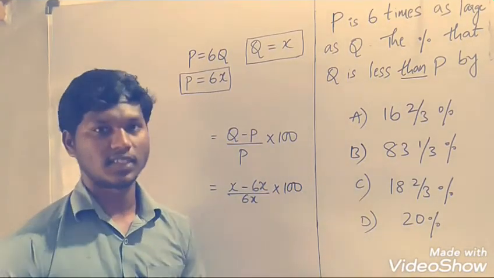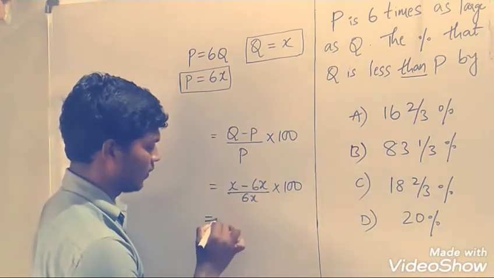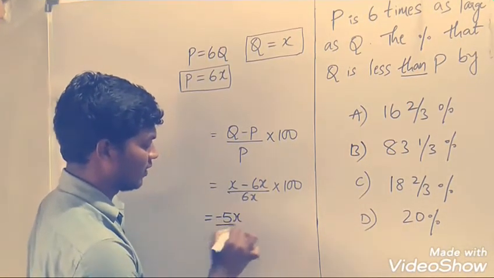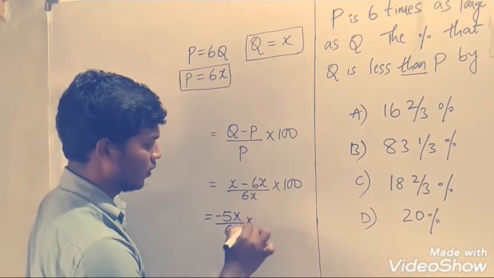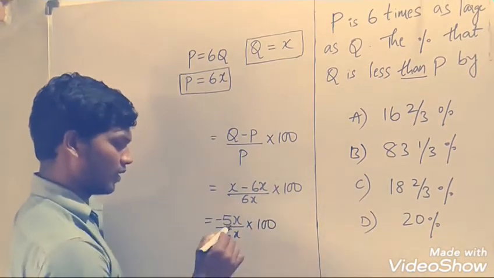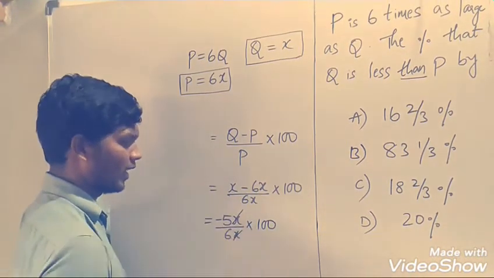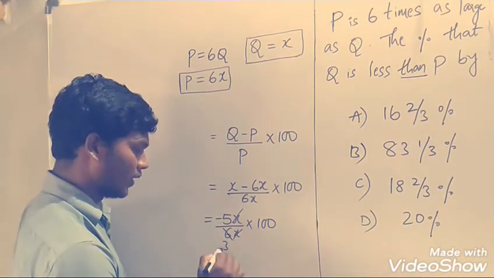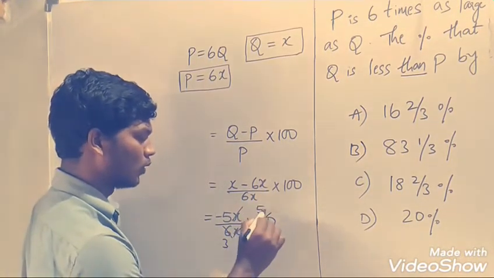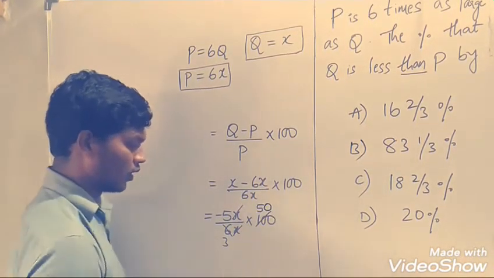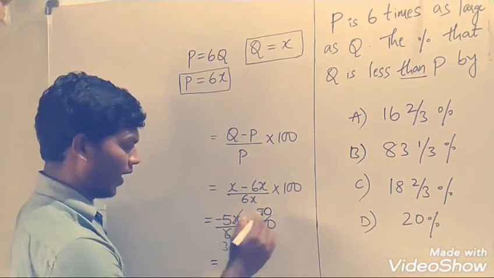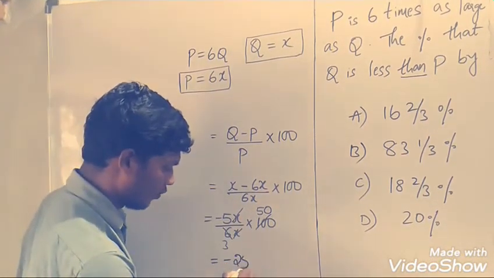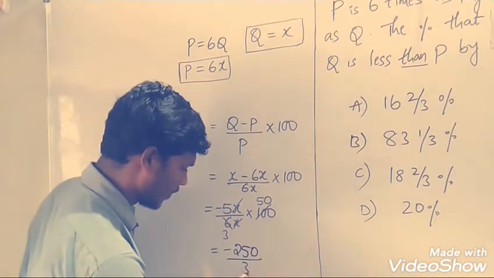So X minus 6X will be minus 5X by 6X into 100. Okay friends. So this X and this X get cancelled, and here 2 3s are 6 and 2 50s are 100. So finally we have 5 into 50 will be minus 250 by 3.